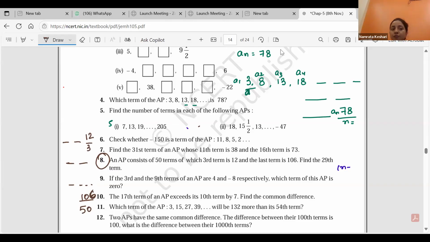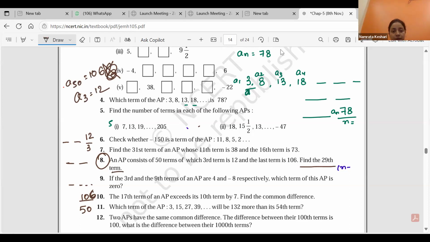The data is given that there are 50 terms in the AP and the last term is 106. That means the 50th term is 106. The moment you realize this, along with the third term being 12, you will be able to find the AP.